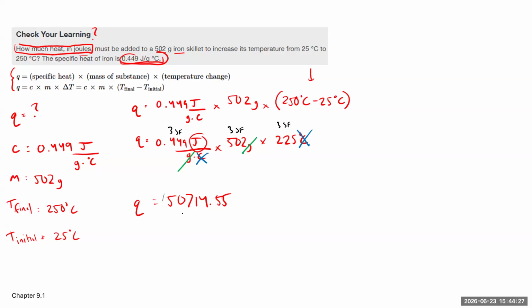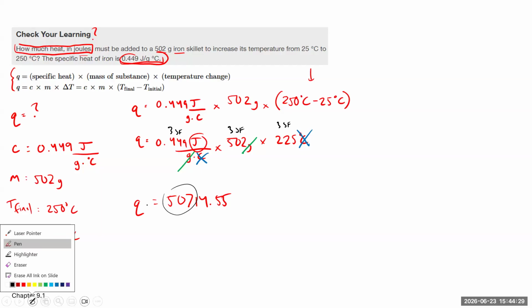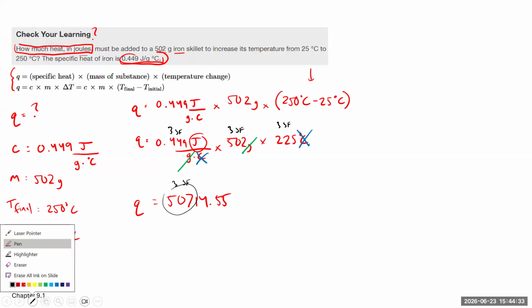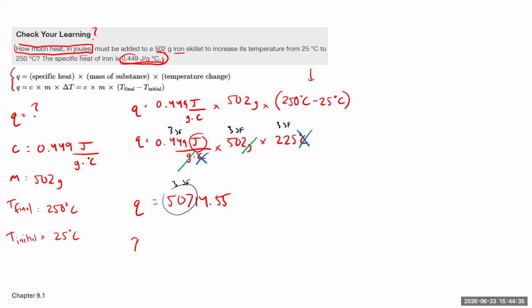Our answer should be 3 sig figs. We can't say 507 because 507 is drastically different than 50,714, right? So we have to add a couple extra digits, but this is still 3 sig figs. So that's going to be our answer, and that's all going to be in joules.